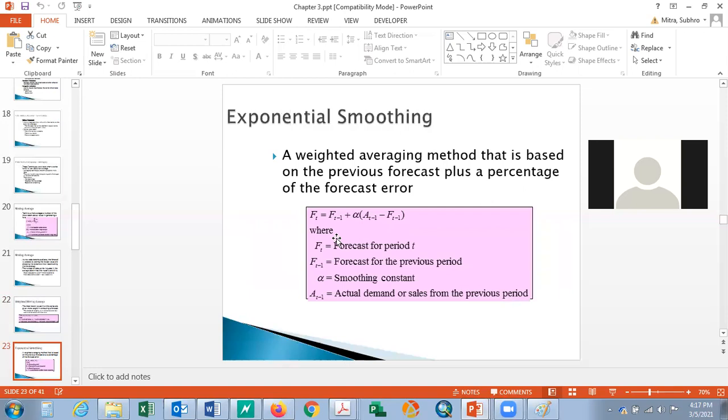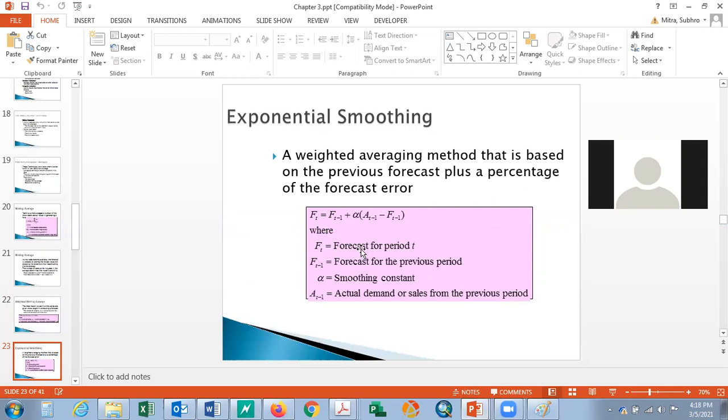Next, you have the exponential smoothing. What is it? The forecast for time period T is the forecast for the previous period plus alpha times error. So the forecast for tomorrow is today's forecast plus alpha times today's error.